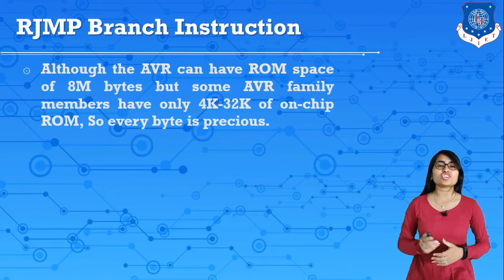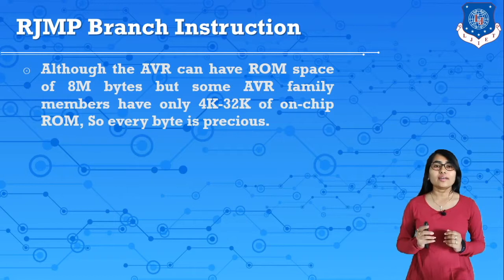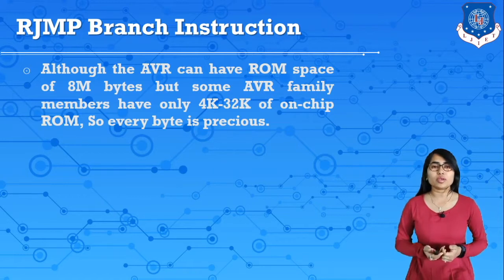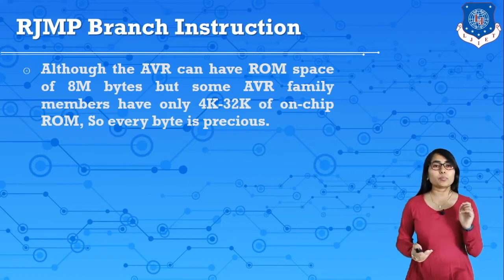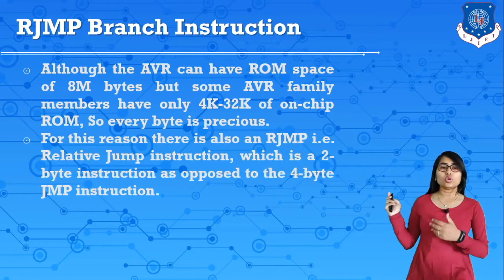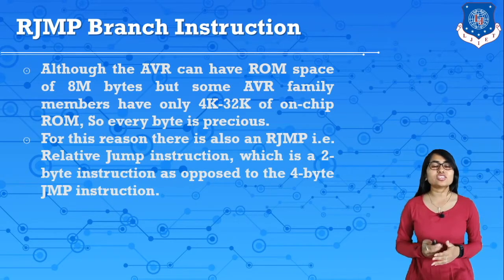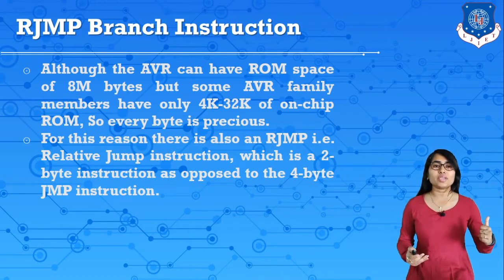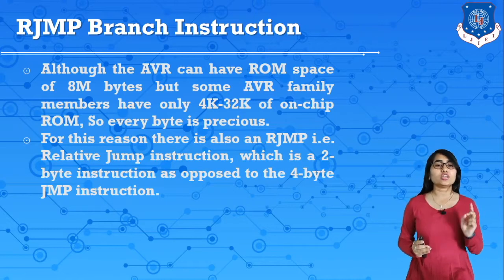Now the RJMP branch instruction. An AVR can have a ROM space of 8 MB, but some AVR family members have only 4K to 32K of on-chip ROM. So every byte is precious in this AVR microcontroller. For this reason there is also the RJMP instruction, because a JMP instruction uses 32 bits, a total of 4 bytes.